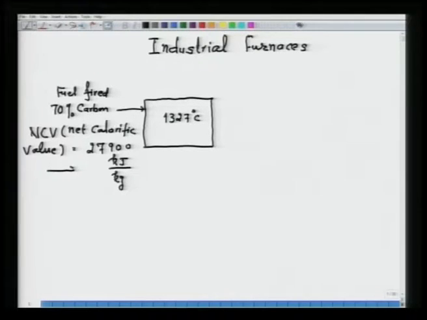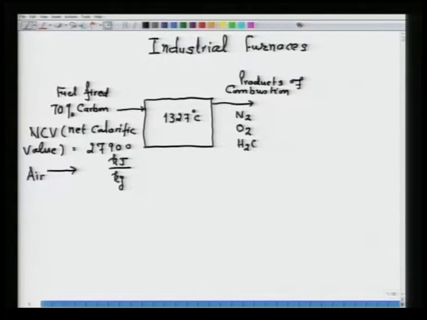Then of course, combustion air is also passed along with the fuel, so that combustion occurs inside the furnace, and the products of combustion, that is POC, consist of nitrogen, oxygen, H2O and CO2.